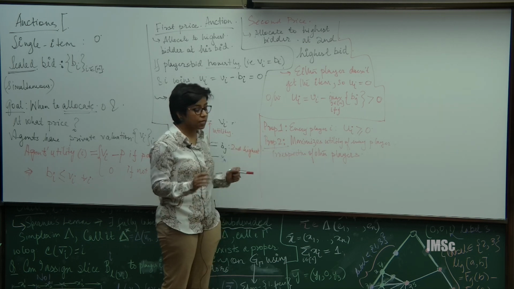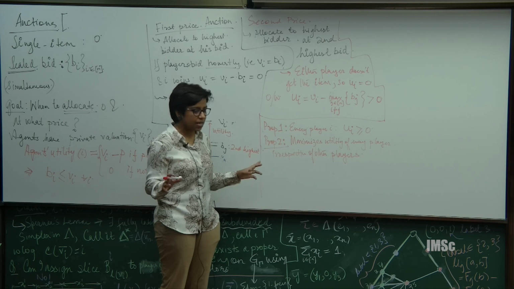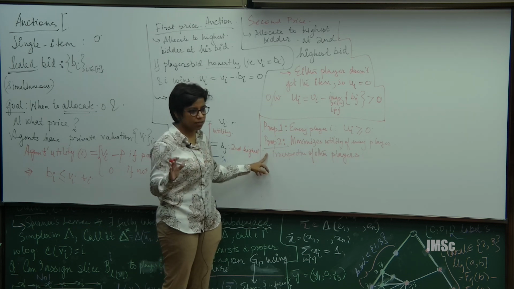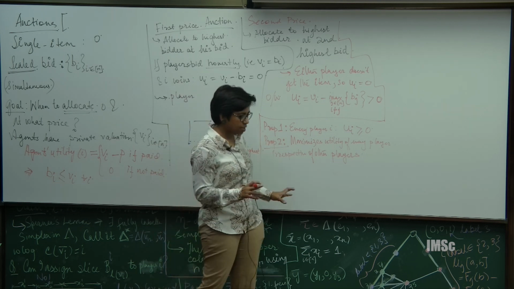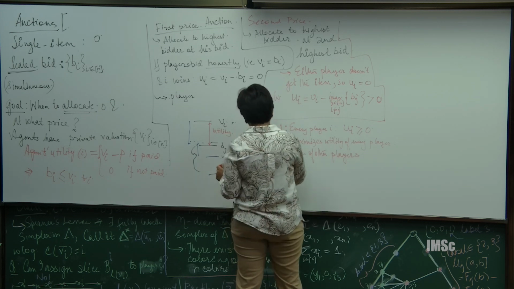The first property says you can safely participate in the auction and bid honestly. Second price says if you bid honestly, this is at least the best that can happen for you.